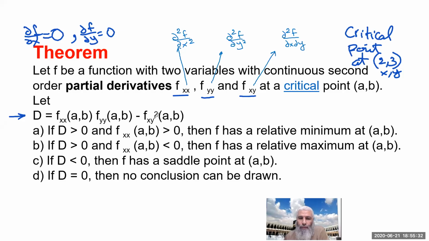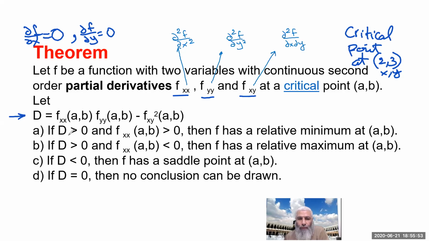Minus the second derivative fxy. This value D, if it is positive and the second derivative of x is greater than 0, then f has a relative minimum.